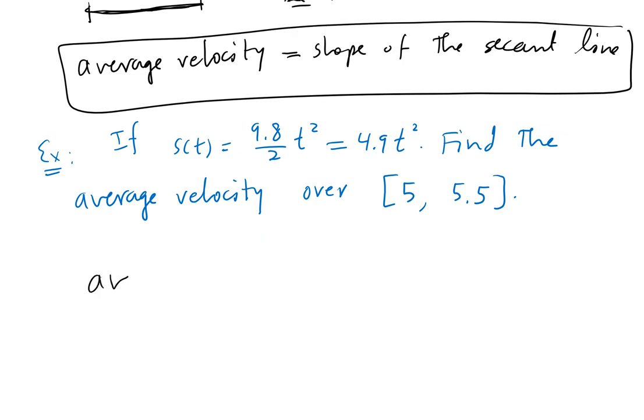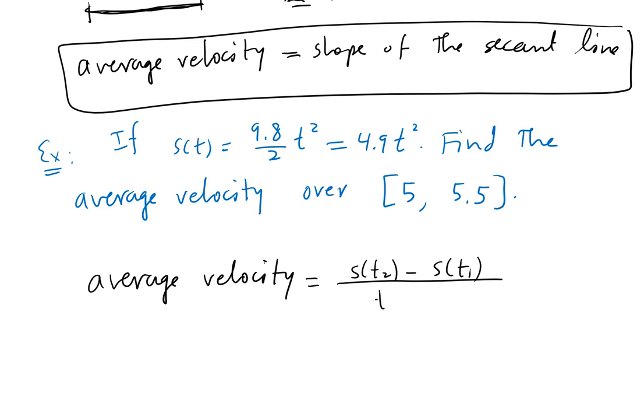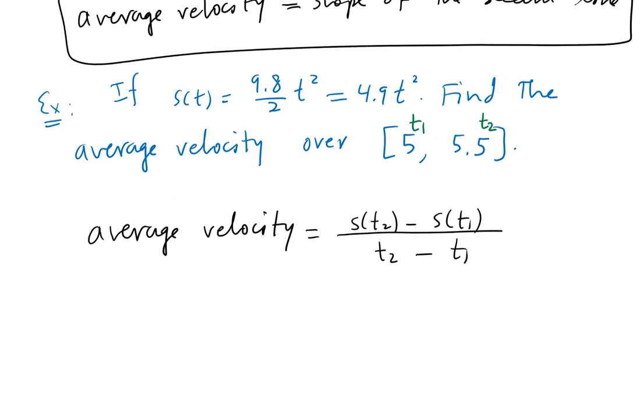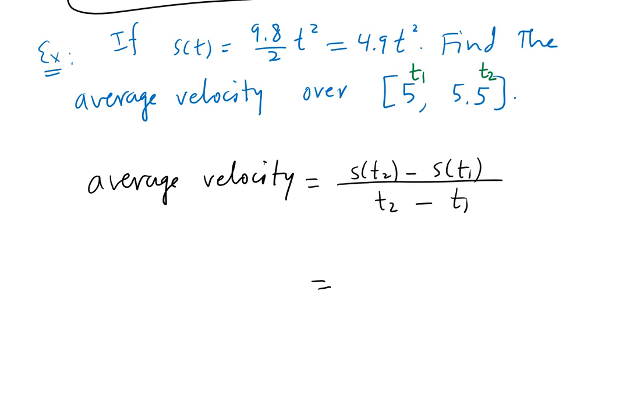Well, we define the average velocity to be s of t2 minus s of t1 over t2 minus t1. So this is t1, this is t2.